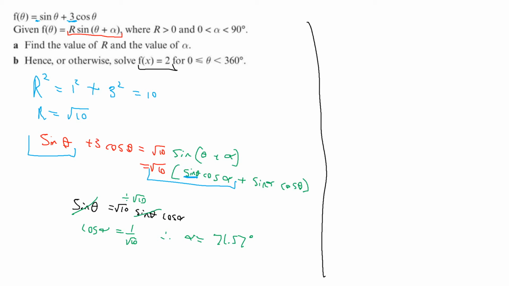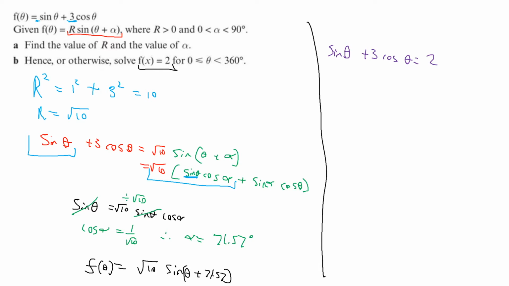Now, hence or otherwise, solve for f of x is equal to 2. I'll do this on this side now. We know that sine theta plus 3 cos theta is equal to 2. But we also know that from part A, f of theta is equal to root 10 sine theta plus 71.57.